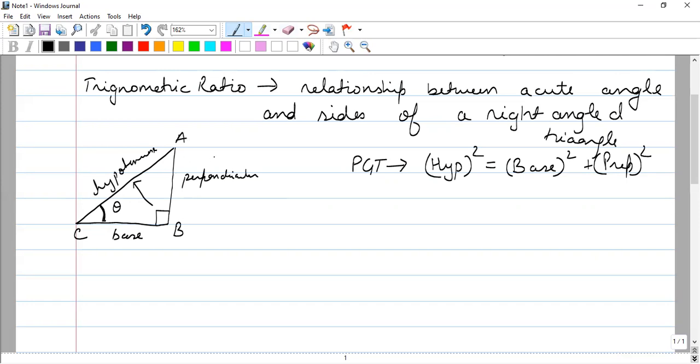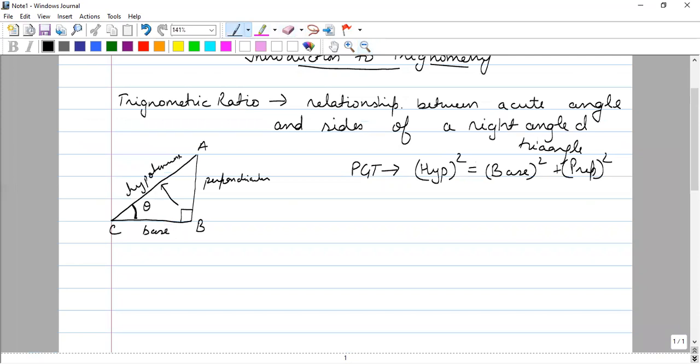Okay. And now we come to trigonometric ratios. What are the trigonometric ratios which we can find using this acute angle C, theta, and the sides of the right angle triangle, that is AB, BC and AC? The first ratio is sine.